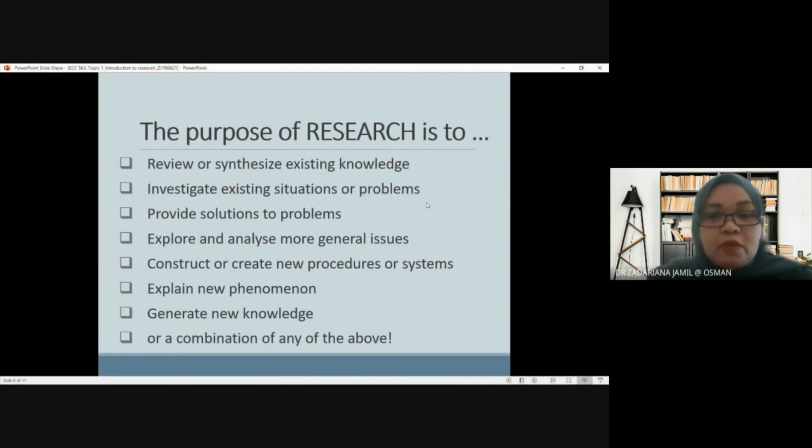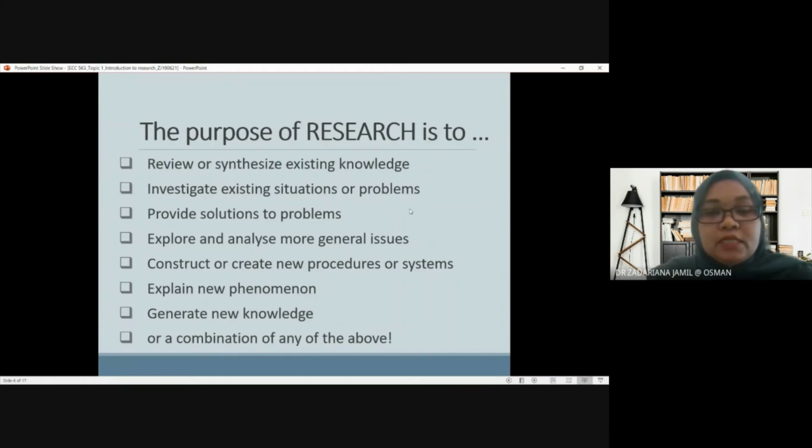The purpose of research is to review or synthesize existing knowledge, investigate existing situations or problems, provide solutions to the problems, explore and analyze more general issues, construct or create new procedures or systems, explain new phenomena, generate new knowledge, or a combination of any of the above.